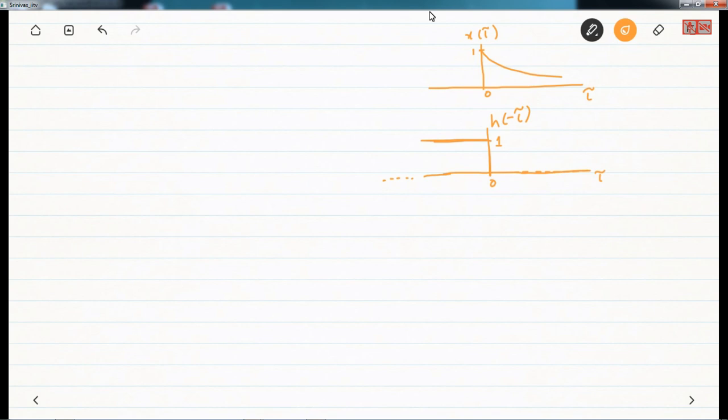Now what we need to plot is h of t minus tau. We are trying to plot for t less than 0.